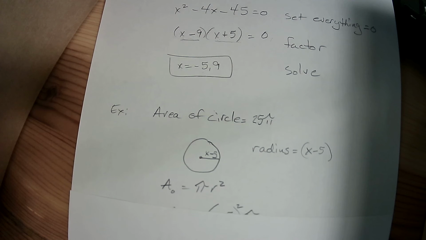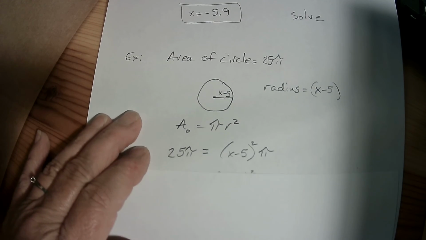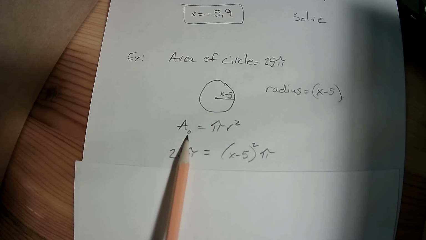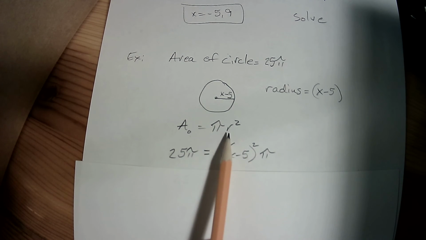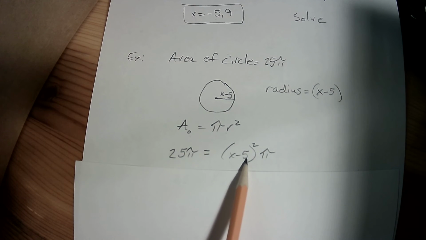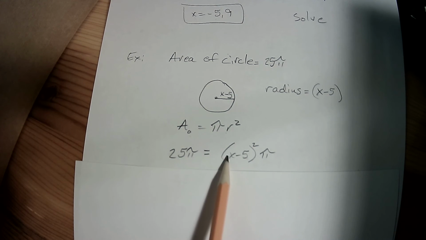We'll solve for x. So just a reminder, I know that the area of a circle is pi r squared, but I know that the area of the circle is 25 pi, so I'm going to replace that, and I know that the radius is x minus 5. So here we have the area equals pi r squared.